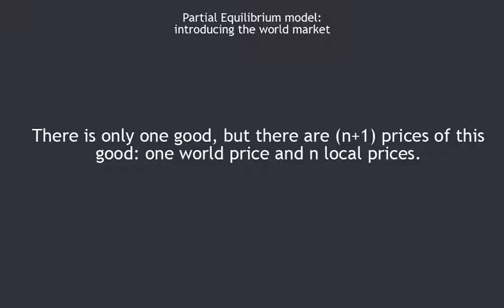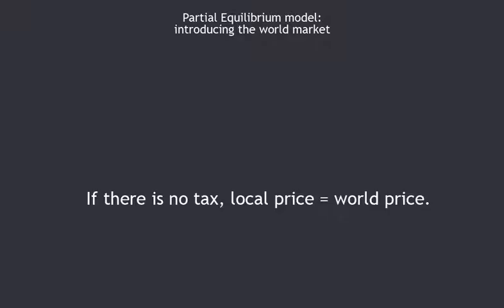So what is the linkage between local prices and the world price? If there is a difference, it may come from transportation costs. Until now, we do not suppose any transportation costs. So if there is a difference between local price and world price, it may come from a tax. If there is no tax, the local price is equal to the world price.